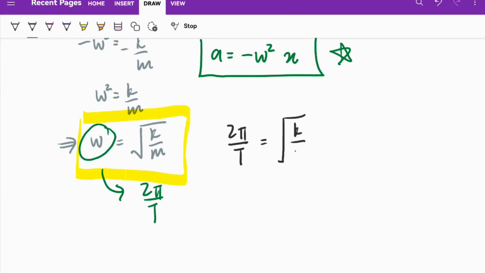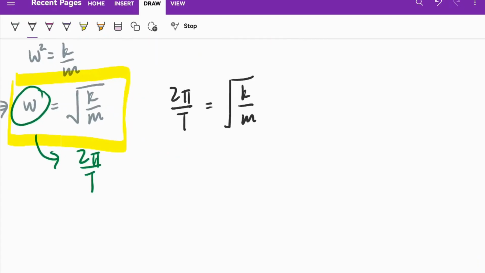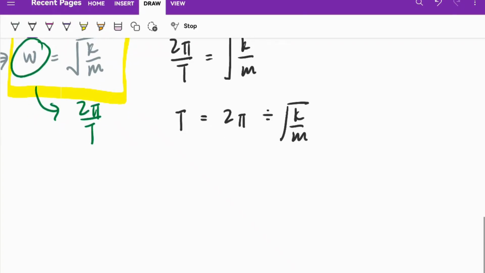I'm going to do this really slowly for you to see. We're going to find our period, so let's make the period, T, the subject of the equation. So T will be 2 pi divided by the square root of k over m. If you do this slowly, you divide, you multiply, so your m will go up over root k.